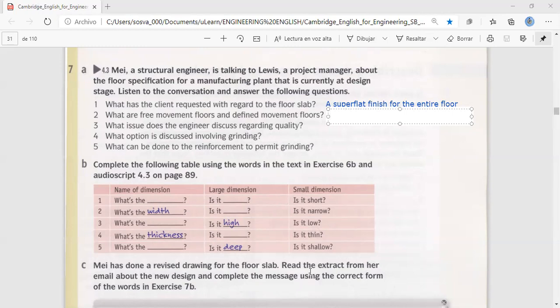In the super flat. The objective of her is the free movement. Yes. But what do they mean by free movement floor and defined movement floors? What is mentioned in this part? Actually, let me just click it in here and you might listen here. There it is. Let's listen.